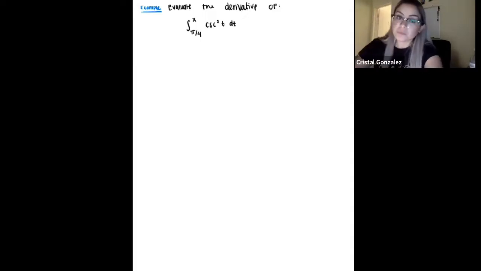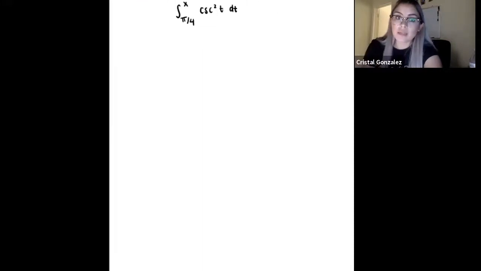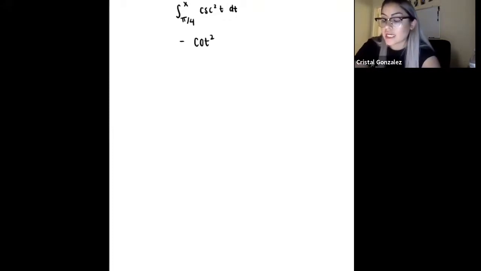So if we differentiate this, the antiderivative of cosecant squared is negative cotangent. So this would be negative cotangent t from pi over 4 to x.